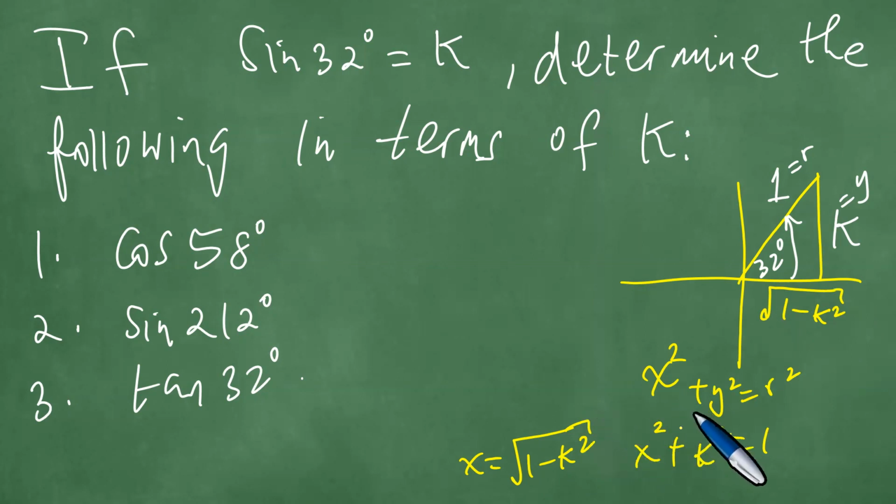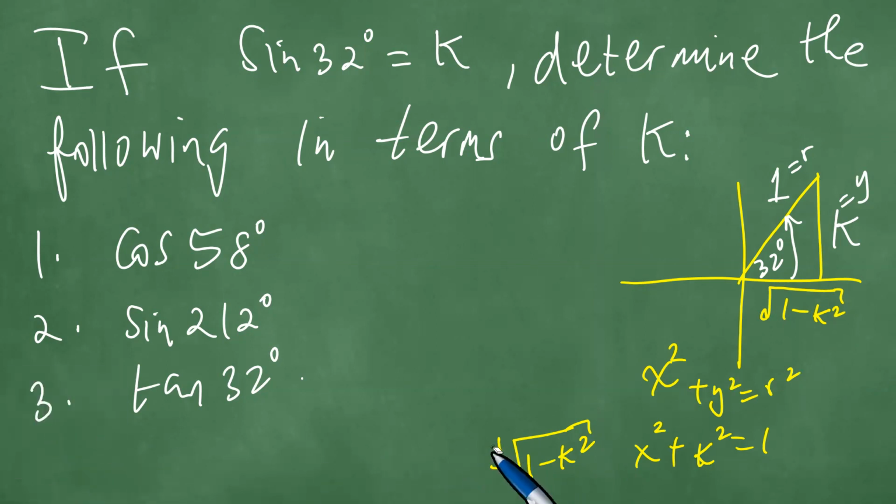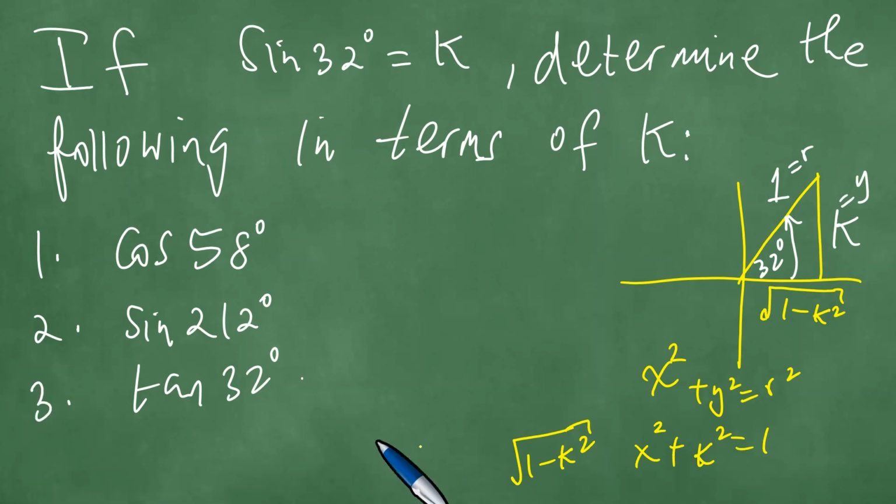Ordinarily here you're going to have a plus or minus, but because you are in the first quadrant and X is positive, you're going to take only the positive.